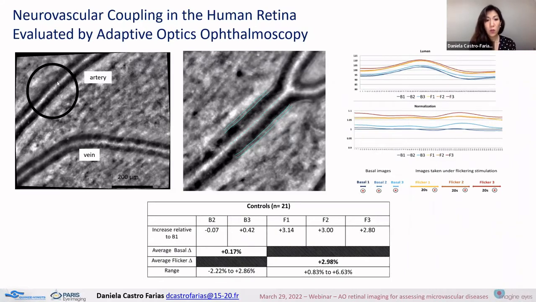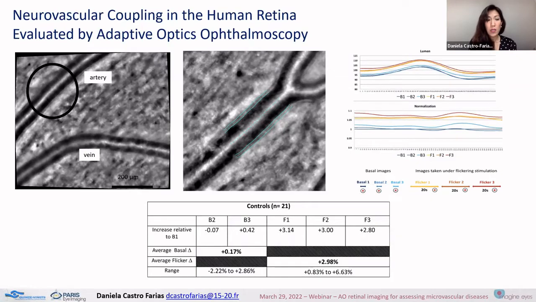So then we thought that we could study the neurovascular coupling. This is, for the persons who don't know about it, just the response of the vessels to stimuli, and in this case it's light. Usually, since it's a nervous tissue, it is going to increase the metabolic functions due to the increase of the stimulus.